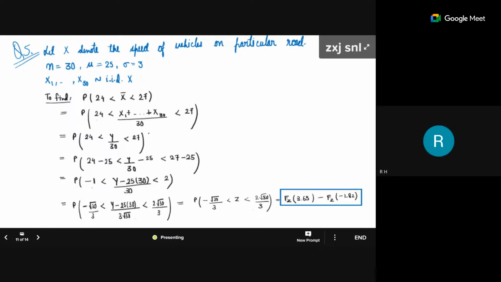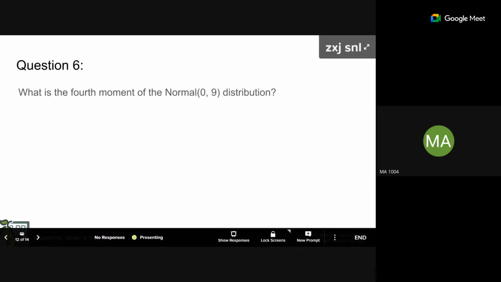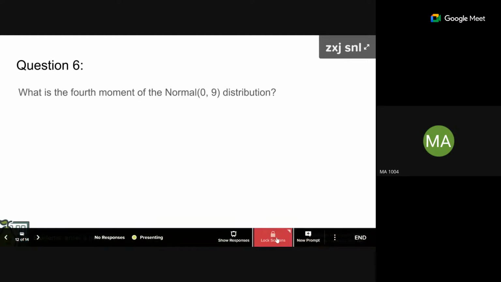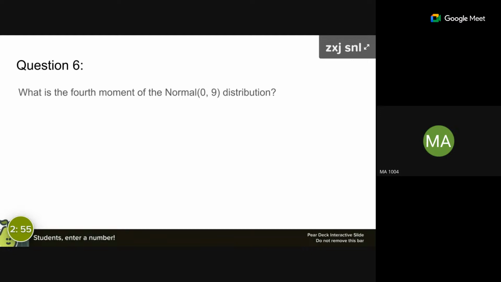Okay. So the next one is: what is the fourth moment of the normal distribution 0, 9? Fourth moment you can calculate, right? In the lecture, sir has said that the moment generating function of the normal distribution should be by heart.